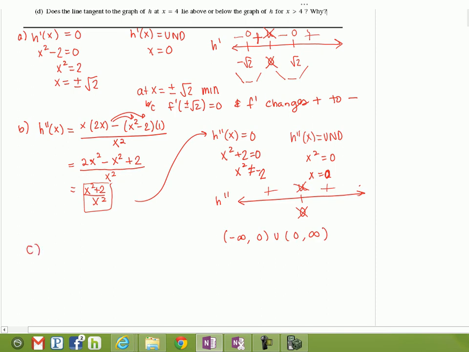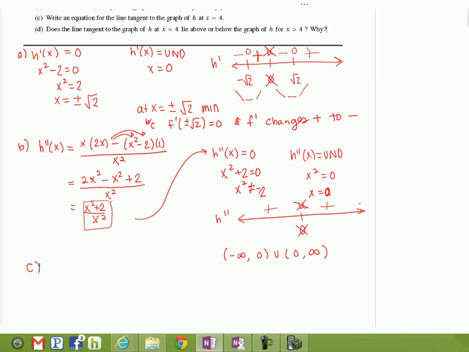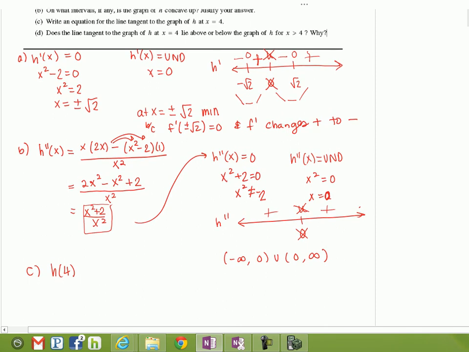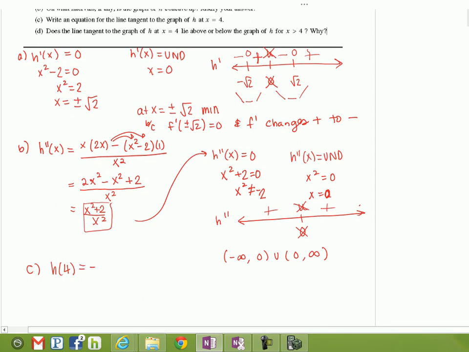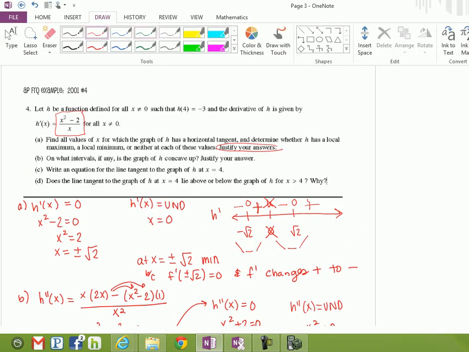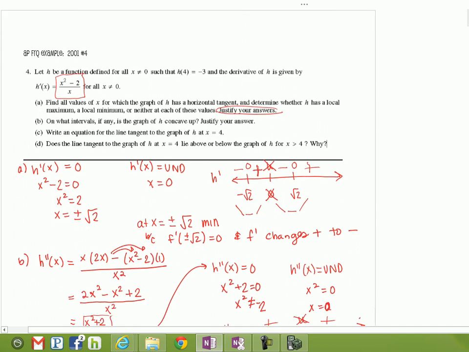Part C says to write the equation of the tangent line at x equal to 4. Now, I believe they gave us h of 4. They said the value was negative 3, so we need that. And actually, let me change my color over because I might bleed into the other work that was there.